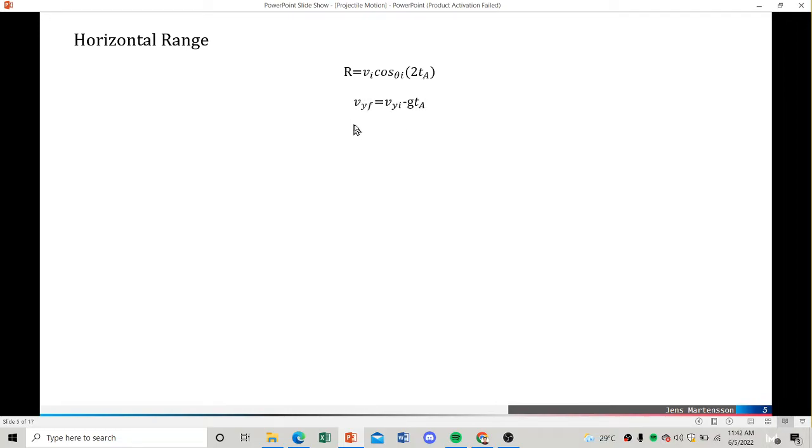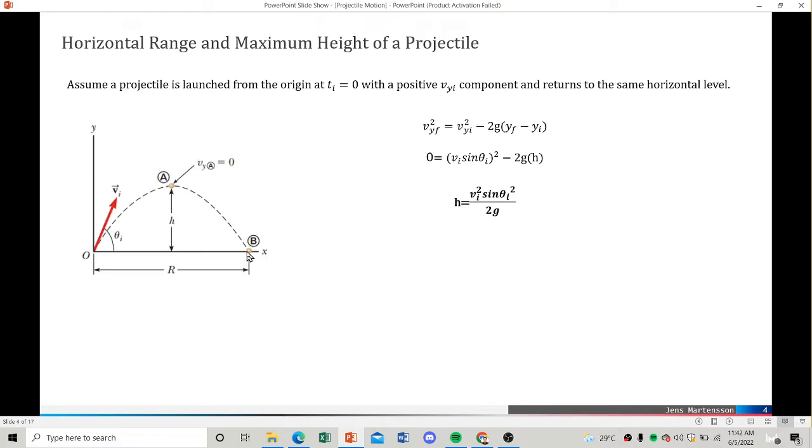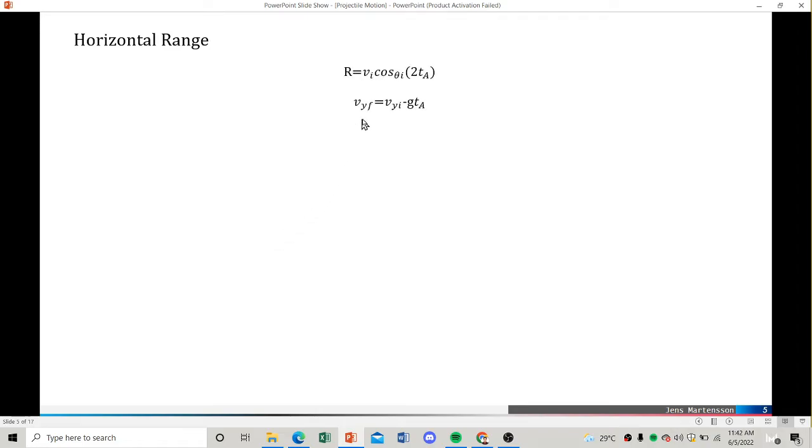Okay? So from our three kinematic equations, velocity final minus velocity y initial, that is equal to 0. From this point, we assume the velocity is equal to 0 because the particle is momentarily at rest, right? And in terms of y, vi sine theta, the velocity component, minus g, gravity, times the time a.